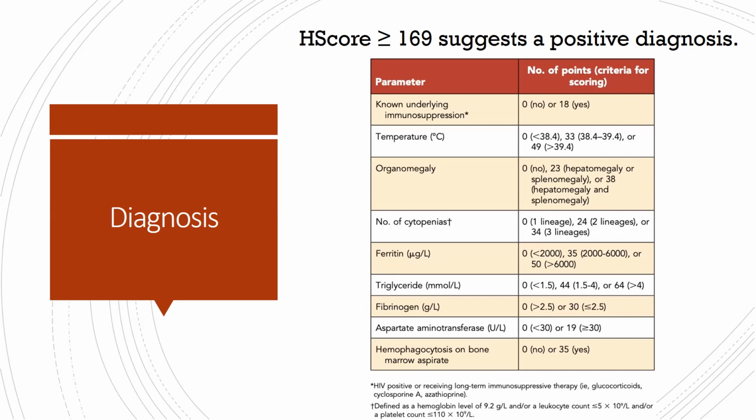You have underlying immunosuppression, whether there's a fever, organomegaly, how many lineages of cytopenia, how high the ferritin is, what the triglyceride is, fibrinogen, which is generally low, the AST and ALT, and also hemophagocytosis on the bone marrow aspirate.